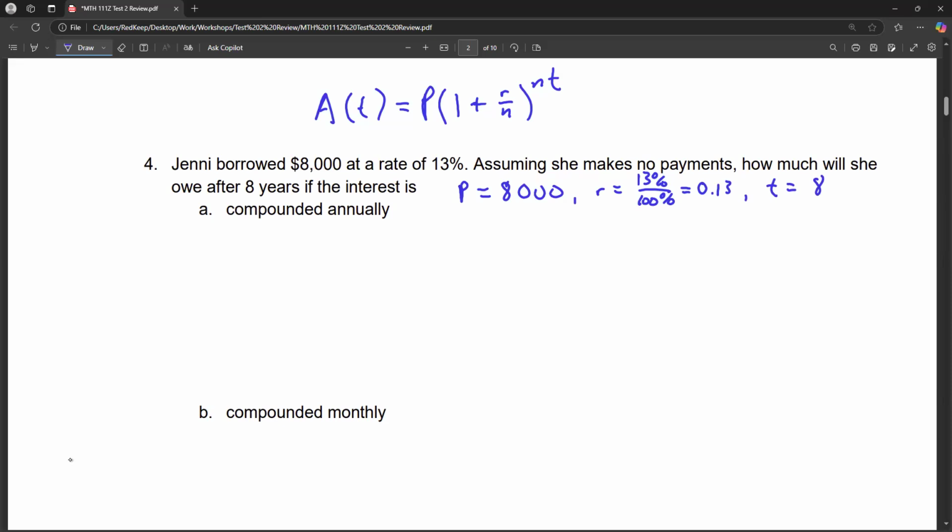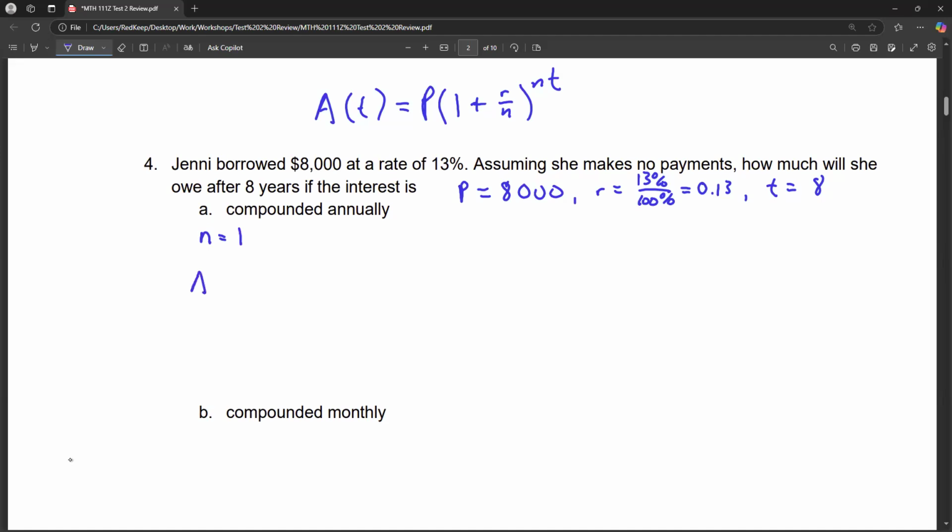Okay, so let's get into part A. They're telling us it's compounded annually. So in this case, the number of compounding periods in a year will be our n value. And since it's compounded annually, we're just going to say n is equal to 1.